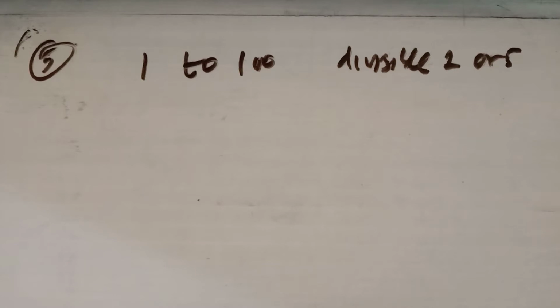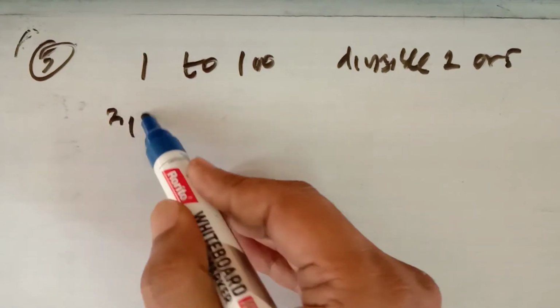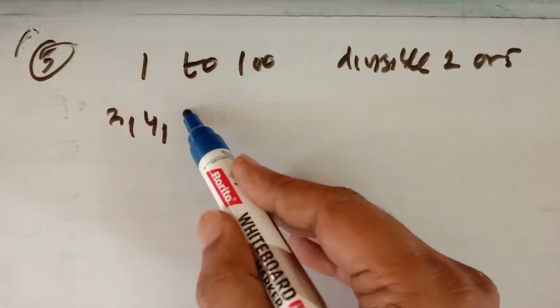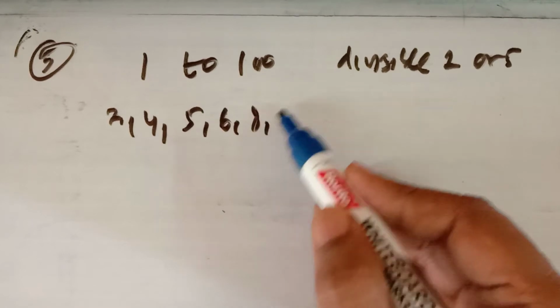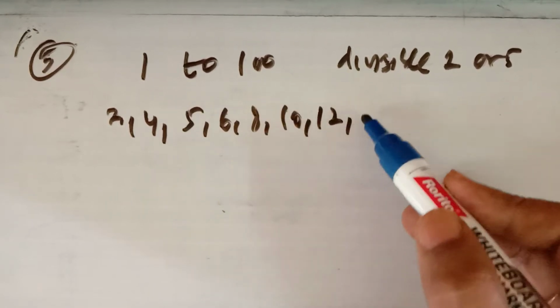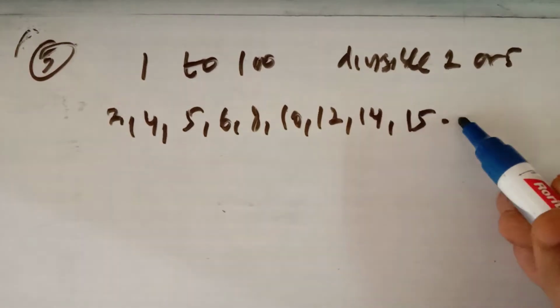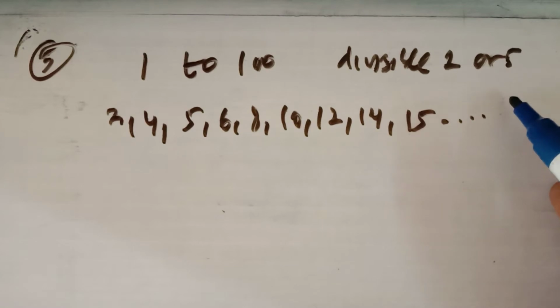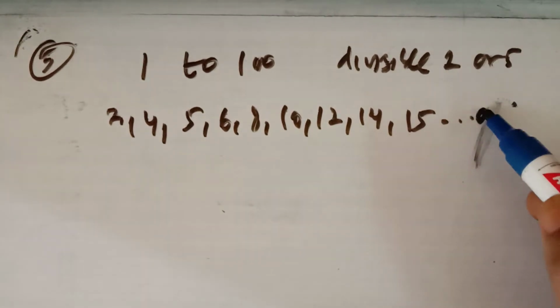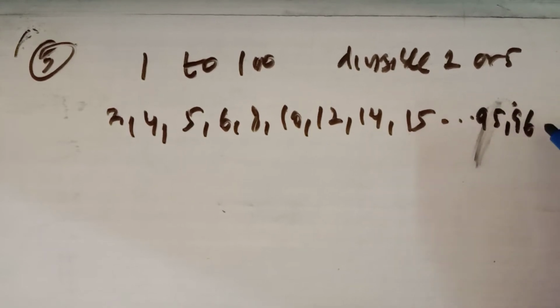You have to find the sum of those numbers. So those numbers are 2, 4, 5, 6, 8, 10, 12, 14, 15 and so on up to 96. From here start from 95: 95, 96, 98 and 100.